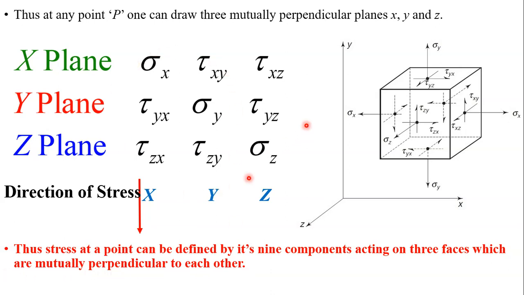Now here the horizontal line shows the plane on which the components are acting: sigma x, tau xy, tau xz, tau yx, sigma y, tau yz, like that. While this column shows the direction in which the stresses are acting: in x direction, in y direction, in z direction. So this is all about the 9 components of stresses. Thank you.